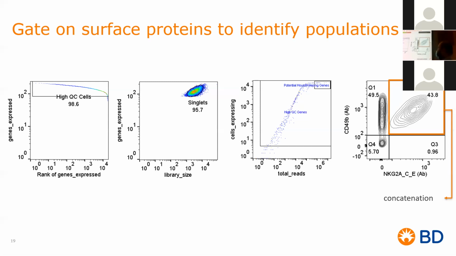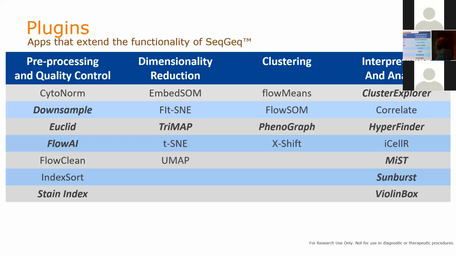Once I had all the data from the double positive of CD49B from all those cartridges and all those populations, I concatenated. What do I mean with concatenated? I put it all together into one CSV file so I could analyze it jointly. Then we're going to go into the more in-depth, and that brings us into the slew of plugins we have at FlowJo.